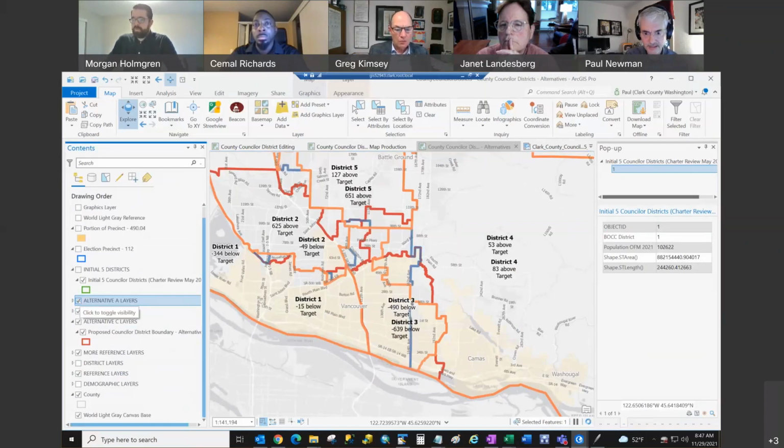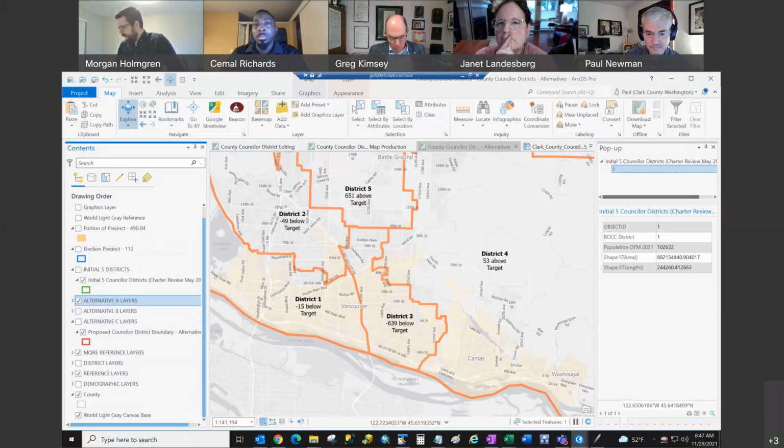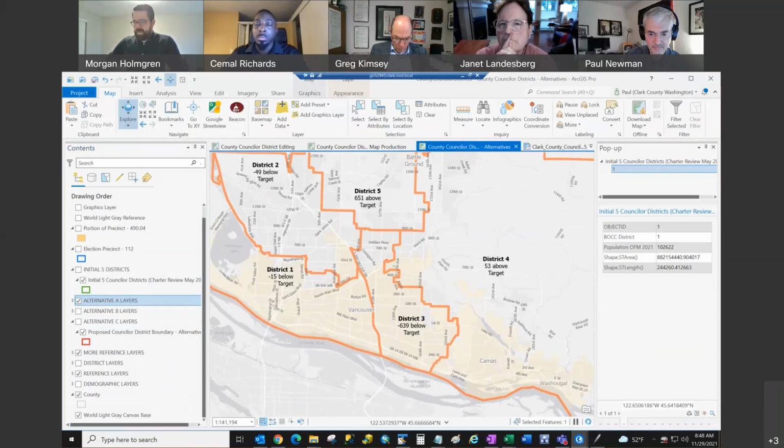Also, as a total side note, when doing that, I found that I think it was noted at the last meeting that Plan A has the lowest difference from the target population, but it's actually Plan B. I mean, the difference is 12 people, but if you add up the absolute value of all the differences, B is slightly closer to the target population.